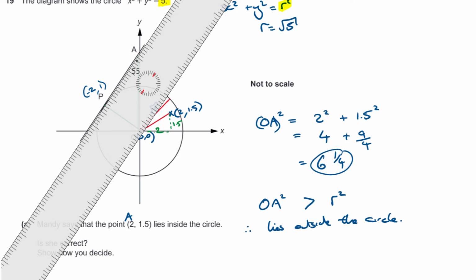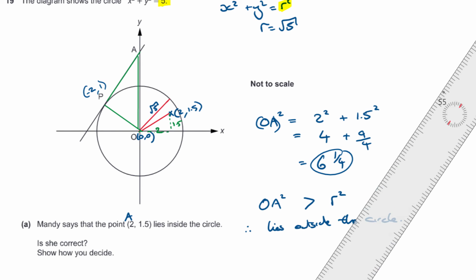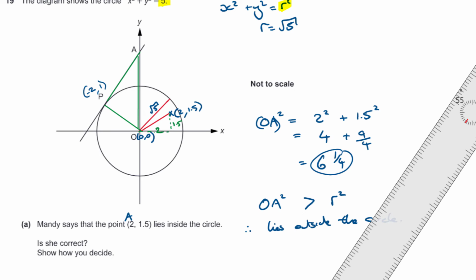What sort of triangle is it? Can you see? Now OP is the radius of this circle, isn't it? And a radius and a tangent joining at the point of contact are always at a right angle. So this is a right angle triangle. We already know OP must be the radius, so it must be root 5.